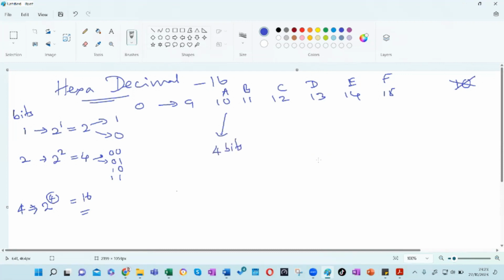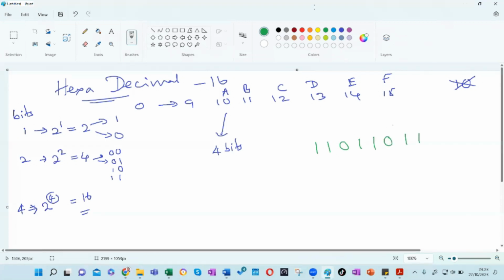Right. So having understood that, let's see how we can convert binary numbers into hexadecimal. Let's take a binary number like this: 1 1 0 1 1 0 1 1.